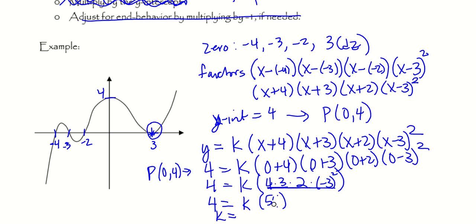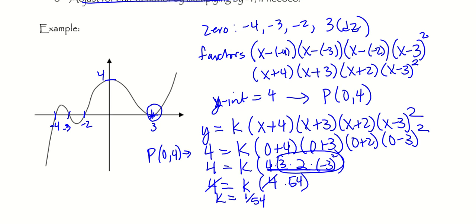Well, let's do it this way so I don't have to multiply that out. I've got my 4 times these all together, which is 9 times 6, which is 54. So now when I divide, the 4's divide out, and I'm left with k equals 1 over 54.